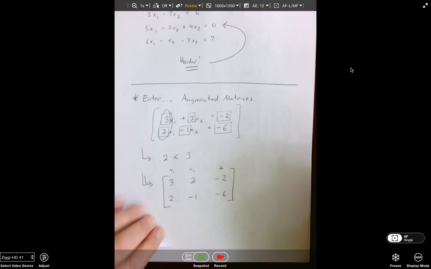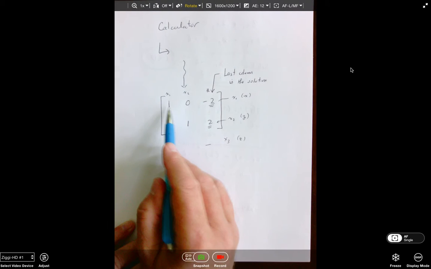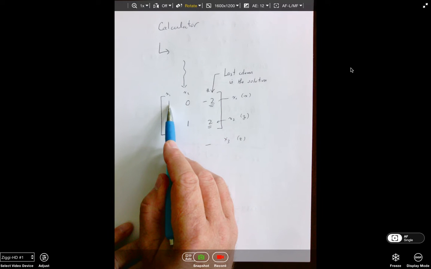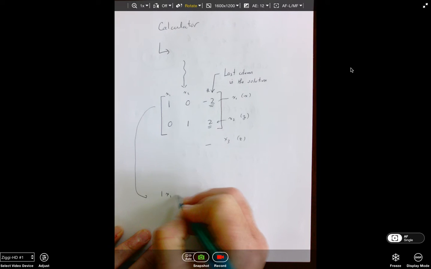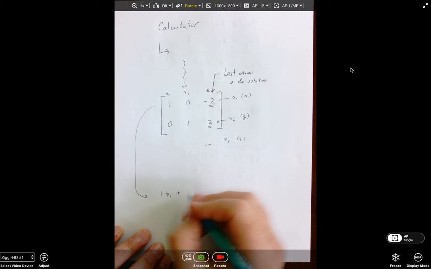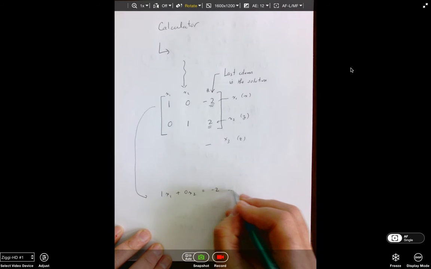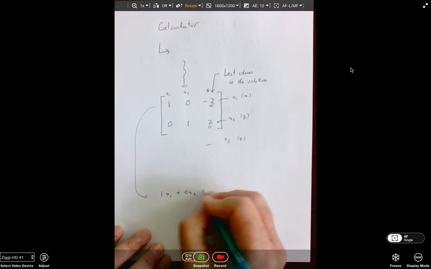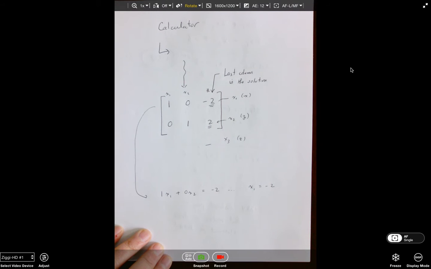So I can keep that same theme and think about when x1 is equal to 1. So this right here is telling me that 1x1 plus 0x2 is equal to -2. Well, when all the smoke clears, what's that telling you? That x1's -2.